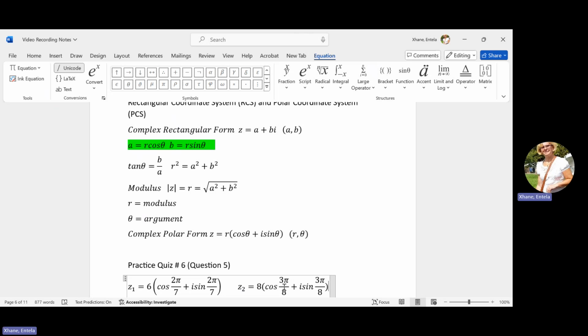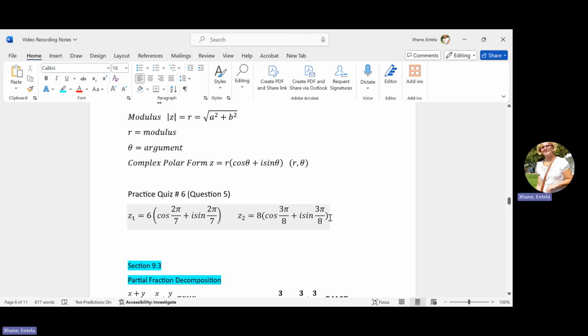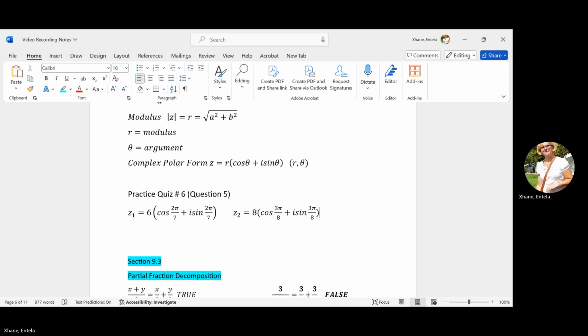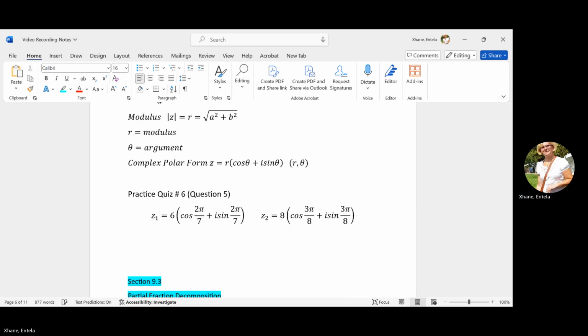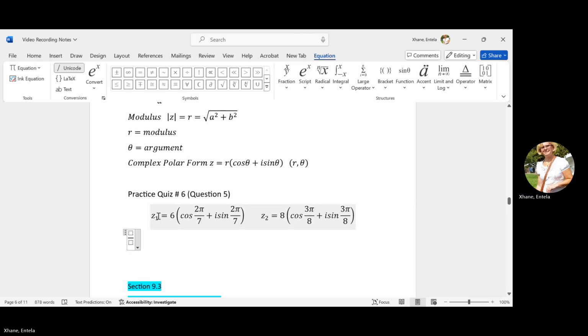Now question 5 is asking me to divide first. That's part A. Then after I divide, multiply. So I'm going to do them in order as it is in your quiz. So how do I divide these two numbers? Let's start with the division first.